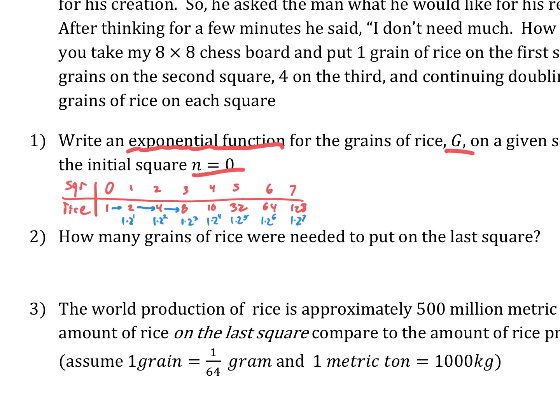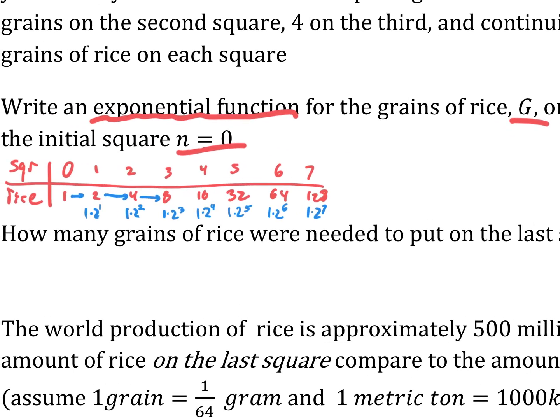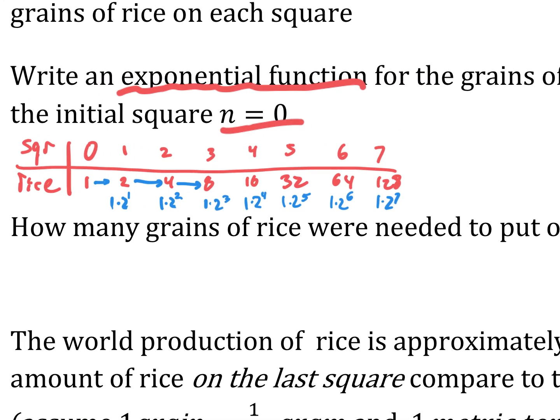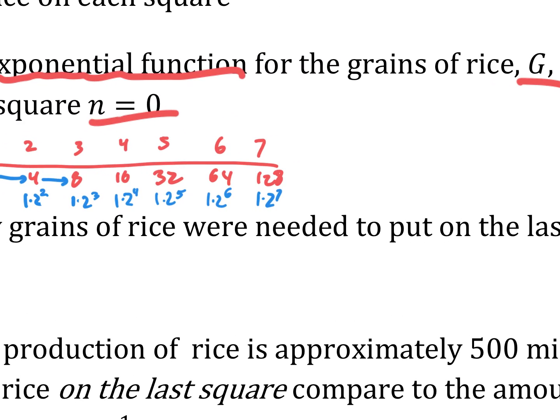Now we have a function here. Letting the first square be 0, the grains of rice, g, let's write it as a function, g of n, is going to be 1 times 2 to the n. And we actually don't necessarily need the 1 there. That 1 is our starting value.